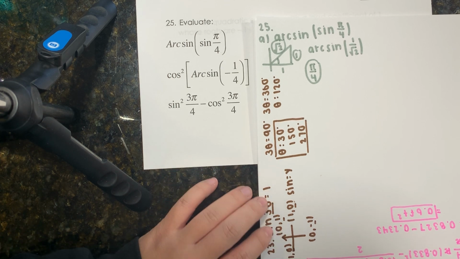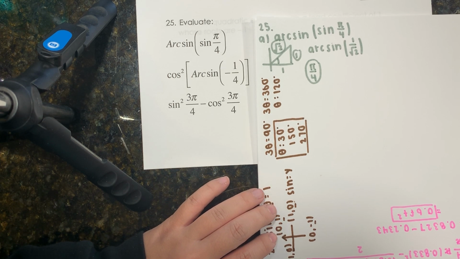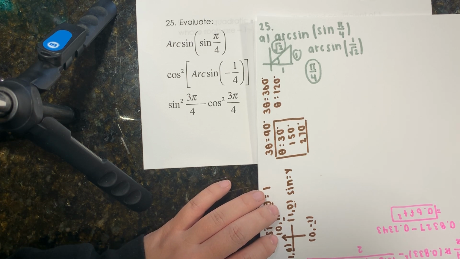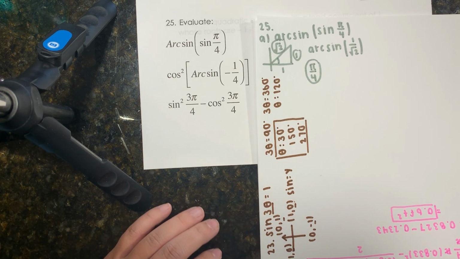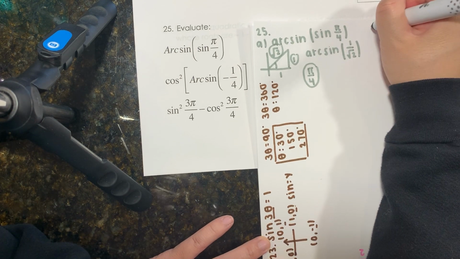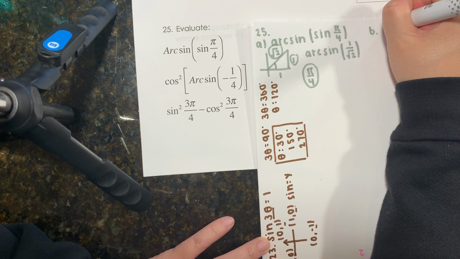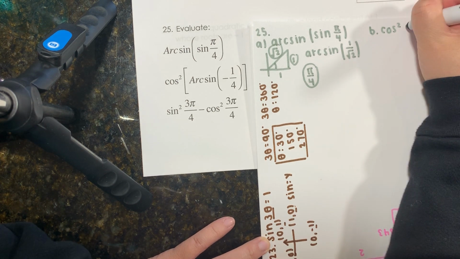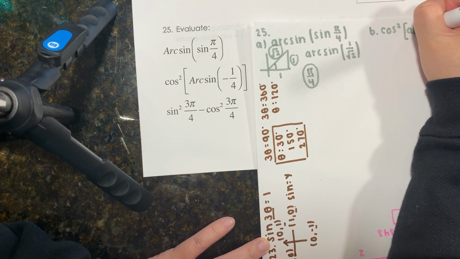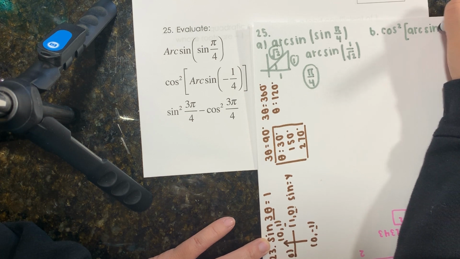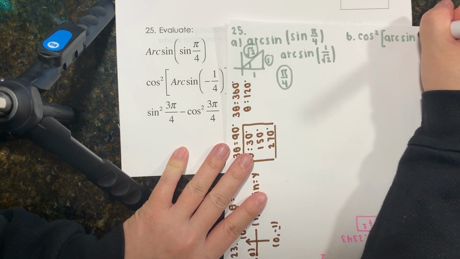Now for the second one, part B, we have cosine squared of arc sine of negative 1 over 4. So I'm going to start by drawing my triangle for arc sine of negative 1 over 4.